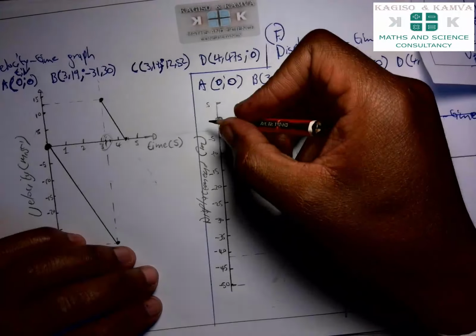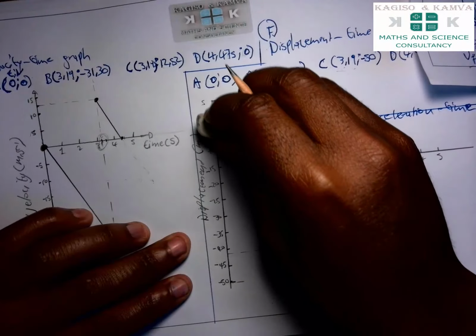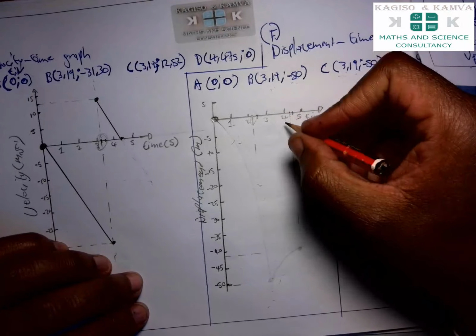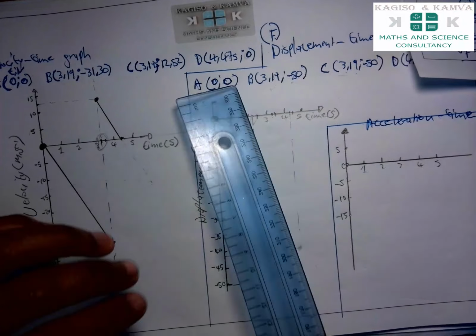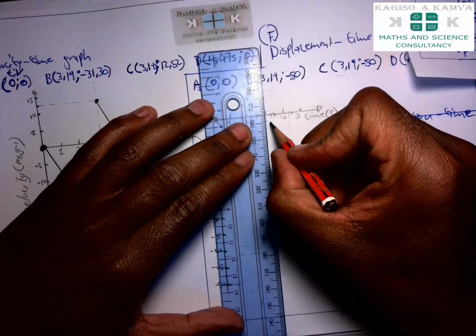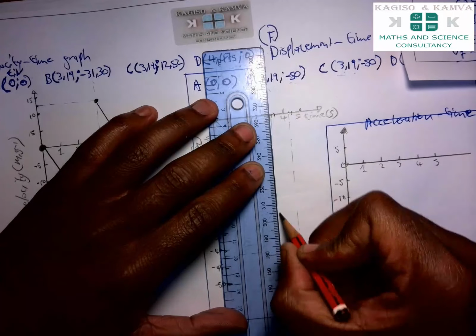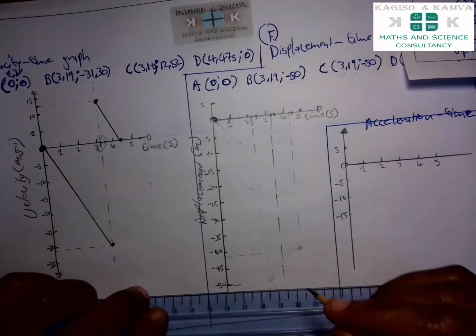Okay, so this is where it bounced at 3.19 somewhere here, and then go down there, straight there to what? -50.